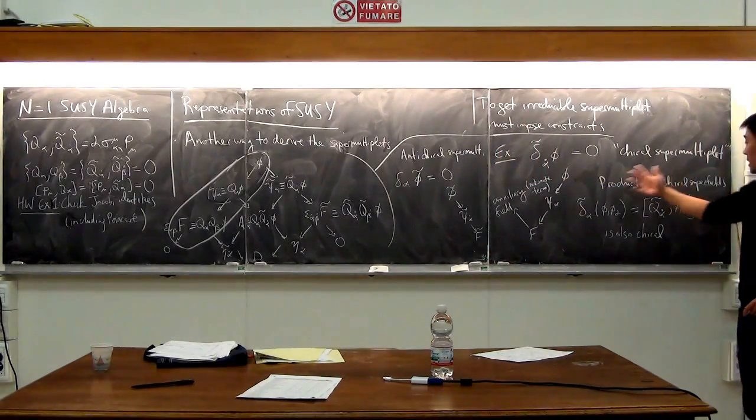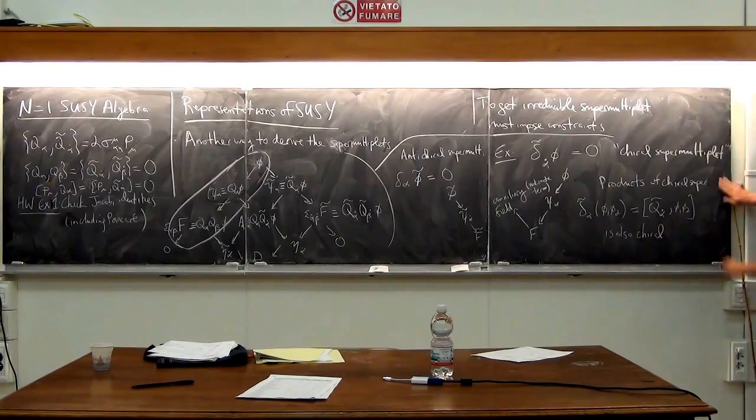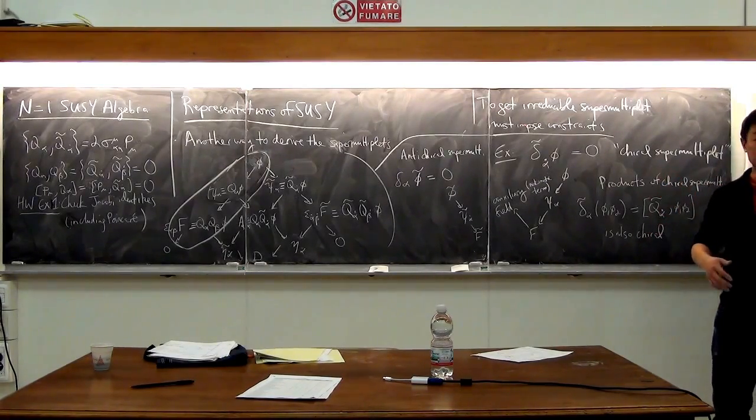So products of anti-chiral supermultiplets. I haven't introduced what a superfield is yet. Products of anti-chiral supermultiplets are also anti-chiral, and then if I multiply together anti-chiral and chiral, it's nothing, right? It's neither chiral nor anti-chiral anymore.